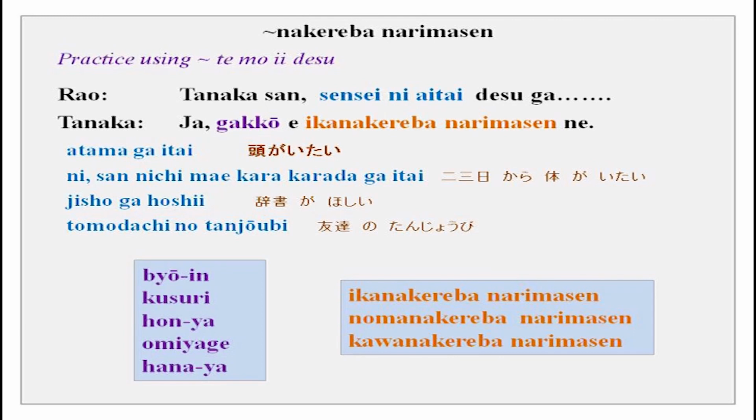Oishasan ni soudan shinakereba narimasen, or oishasan ni awanakereba narimasen. So you have to go and meet the doctor. Again, Tanaka-san, jisho ga hoshii desu. I want a dictionary. Well, honyasan e ikanakereba narimasen. Or you can again use this, atama ga itai desu. Jaa kusuri o nomanakereba narimasen. You have to take medicine.